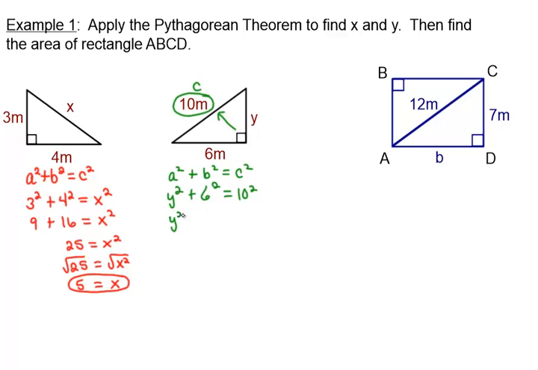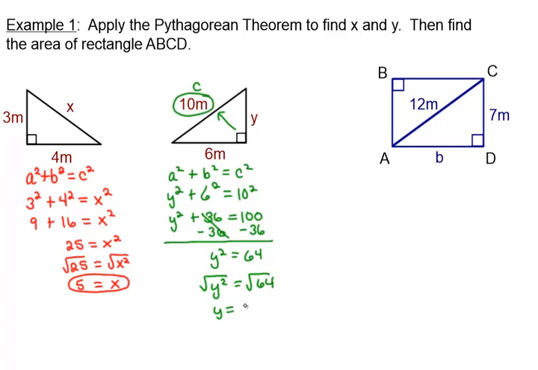So I have y squared plus 36 equals 100. Subtract 36 from both sides because I want the y squared by itself. So y squared is equal to 64. Okay, to figure out what y is equal to, I take the square root of it. So y is equal to 8.